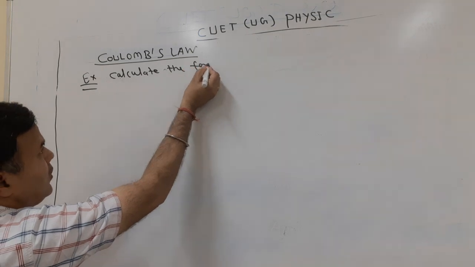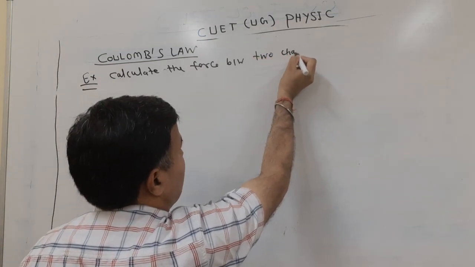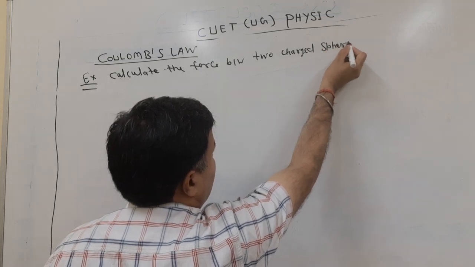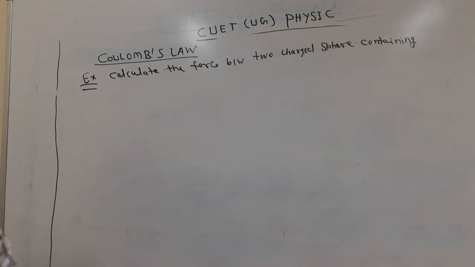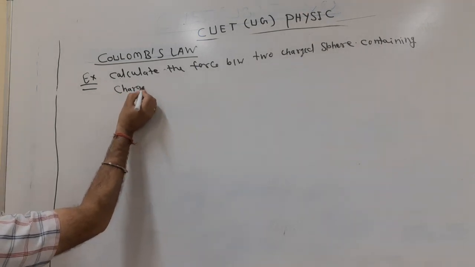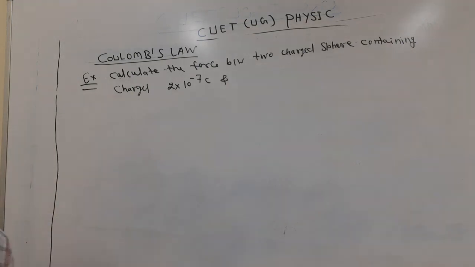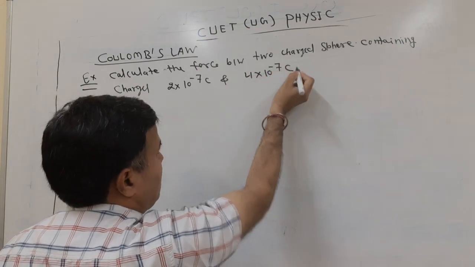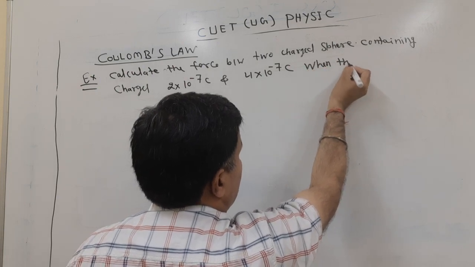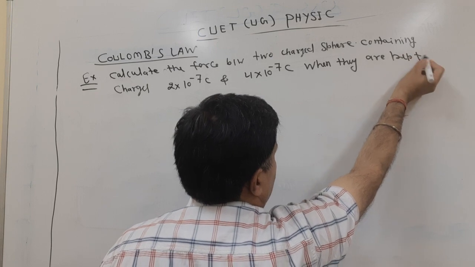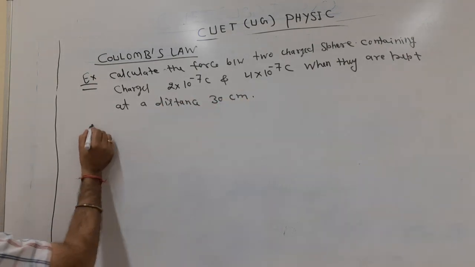Example: calculate the force between two charged spheres containing charges 2 into 10 to the power minus 7 Coulomb and 4 into 10 to the power minus 7 Coulomb, when they are kept at a distance of 30 centimeter.